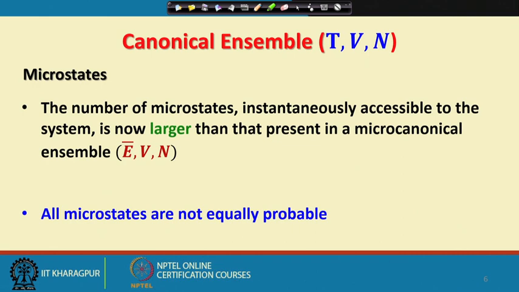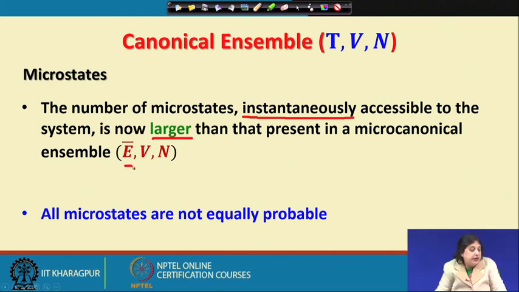The conclusion from this analysis is summarized here. If we think about the microstates of a canonical ensemble where the system macroscopically is being maintained at a given temperature, volume, and number of particles, the number of microstates that is instantaneously accessible to the system is larger than that present in a microcanonical ensemble, where you have a total energy value equal to E bar, volume V, and the total number of particles n.